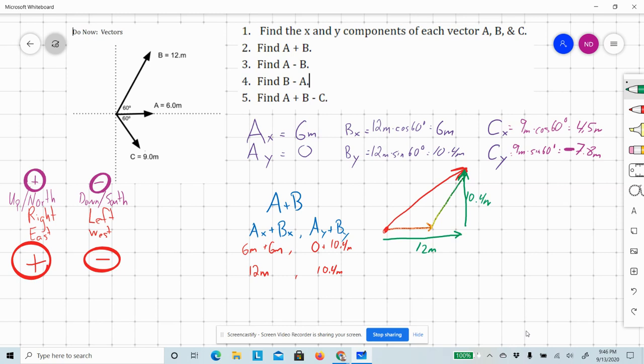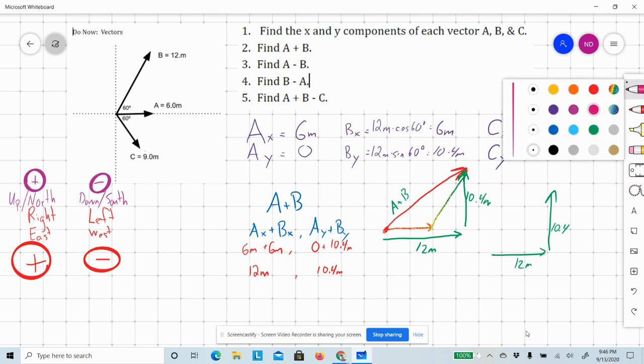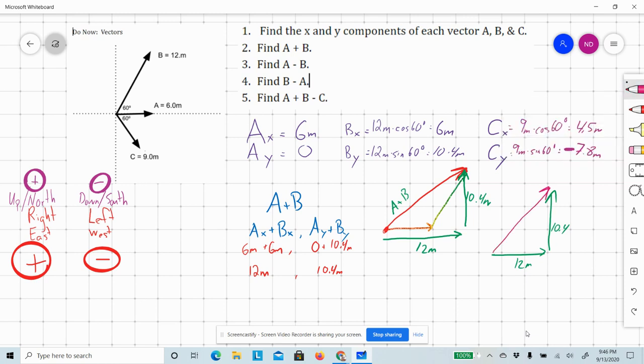Now you can use your A squared plus B squared equals C squared, your Pythagorean theorem, to figure out A plus B. Basically, you've got a triangle that looks like this: 12 meters, 10.4. You want to figure out what this one is over here, right? 12 squared plus 10.4 squared equals that.